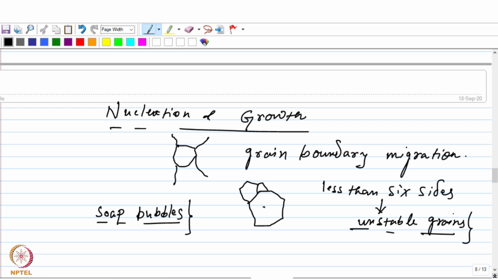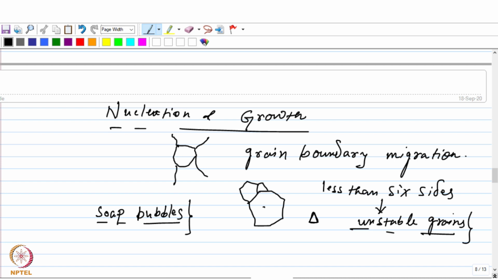And if you notice carefully, before disappearing, they come down to a shape having only 3 sides, because this is the most unstable shape in a system where you have grains and grain boundaries.